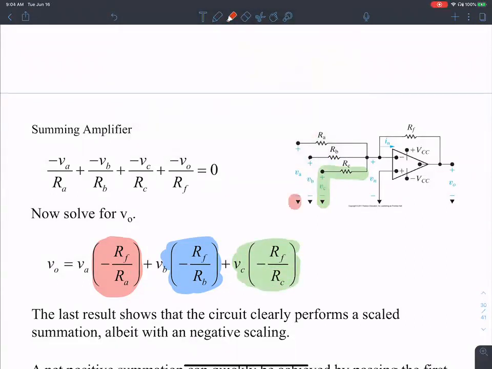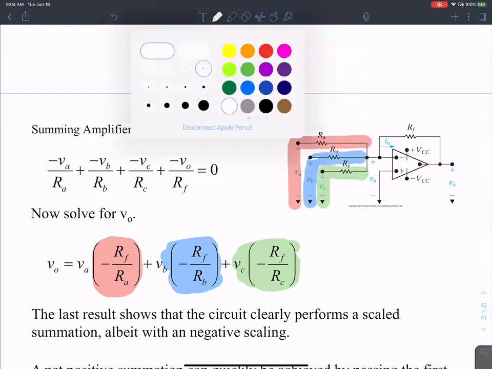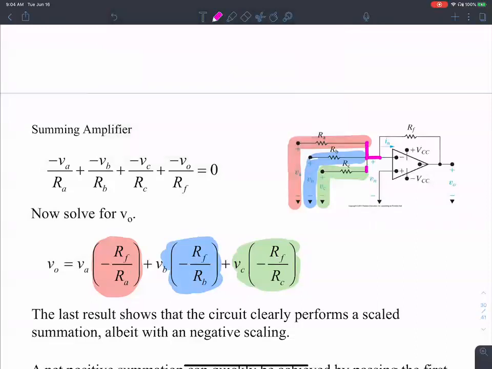So all we are doing is configuring three inputs to be summing. Three inputs to be summing at this node.